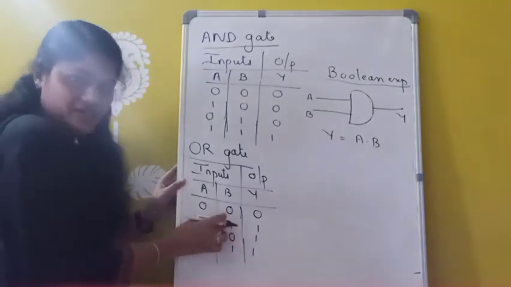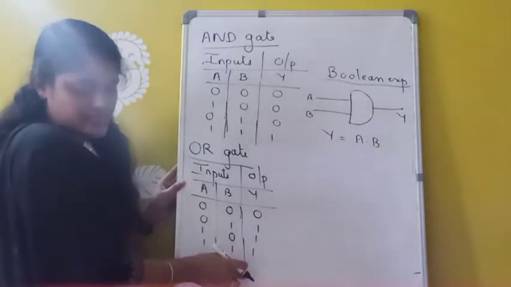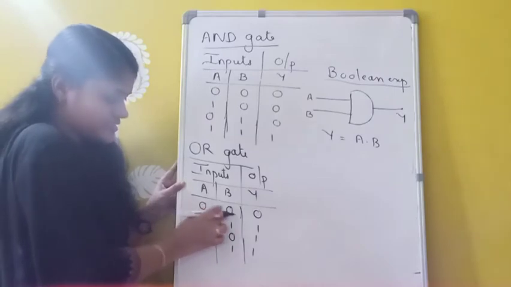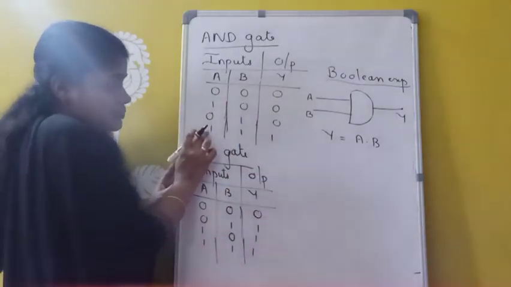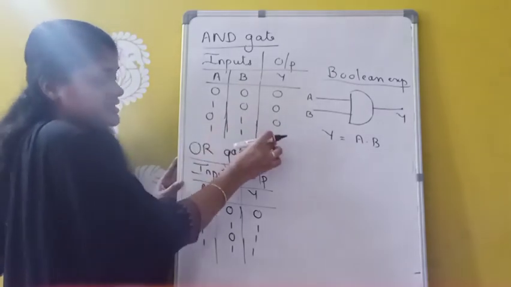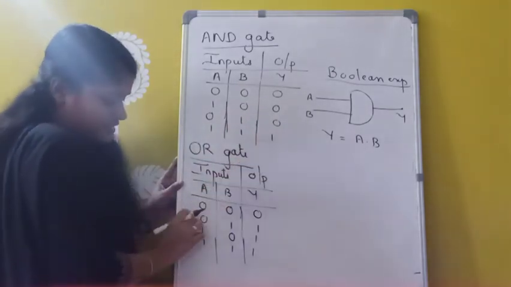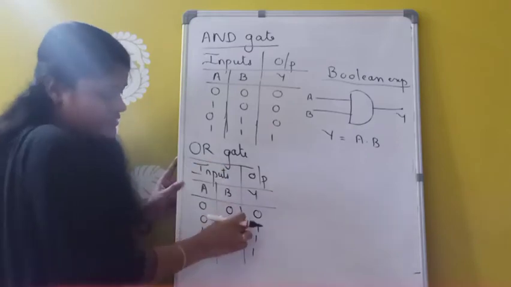If there is any 1 in the input, we will be getting the output. Only when both inputs are 0, output is 0 here. But in the case of the AND gate, only when both inputs are 1 do we get the output. Here, if either input is 1, we get the output.